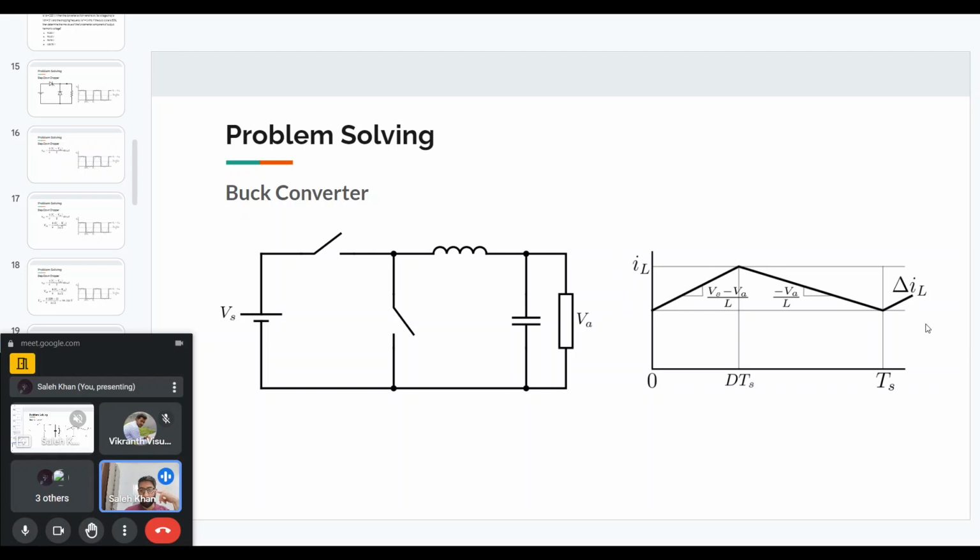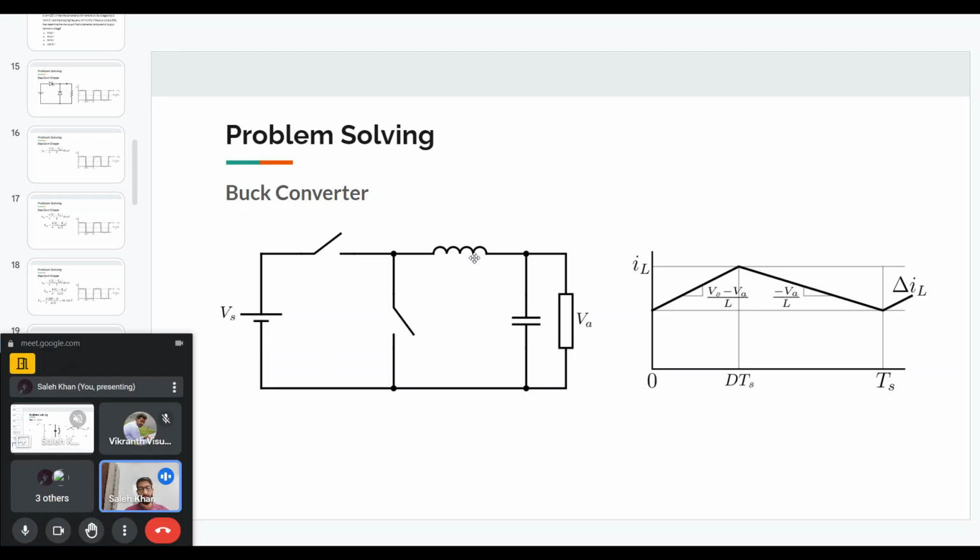So this is how the inductor current will look like. So when the switch is on during the 0 to DTs interval, where D is the duty, the inductor current will rise, because when this switch is on, the voltage across the inductor will be input voltage minus output voltage. And since it is a buck converter, we know the output voltage is less than the input voltage.